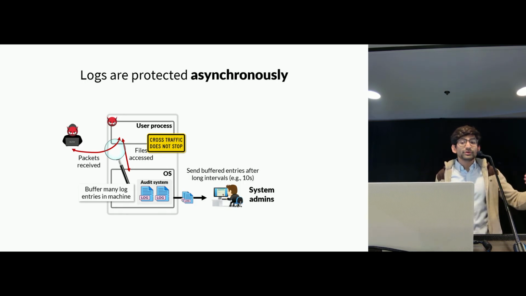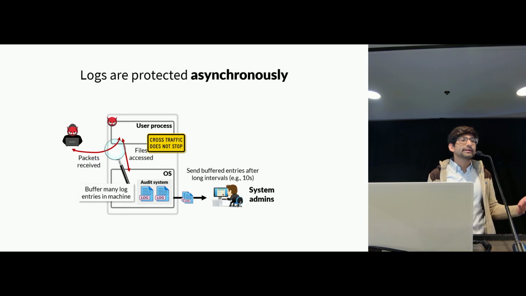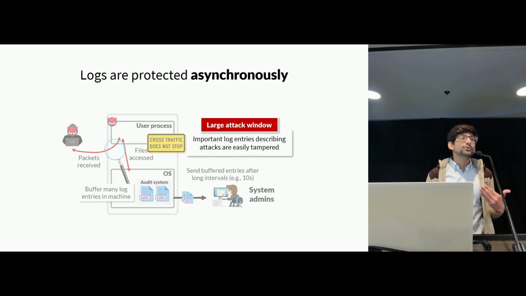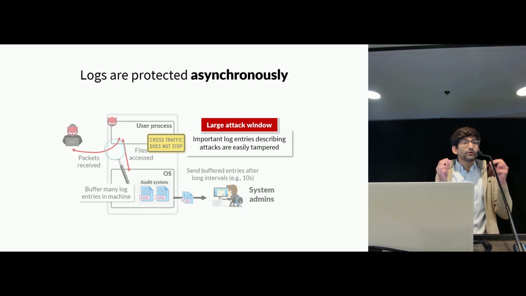For performance reasons, this buffering can occur from tens of seconds to even hours or days. And unfortunately, this provides a large window of attack for an adversary to simply destroy the important log entries that describe that particular attack that they made.